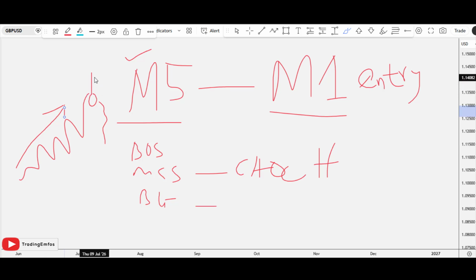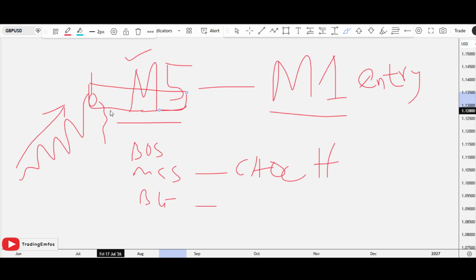Then if it gets to this peak and I see a strong bearish candle, maybe a Marubozu, or I see a Harami, I know that these are reversal patterns. So I start getting prepared, because I know sellers are about to take control of the market. So I wait, and this area will be one of my points of interest, which will be my supply zone.